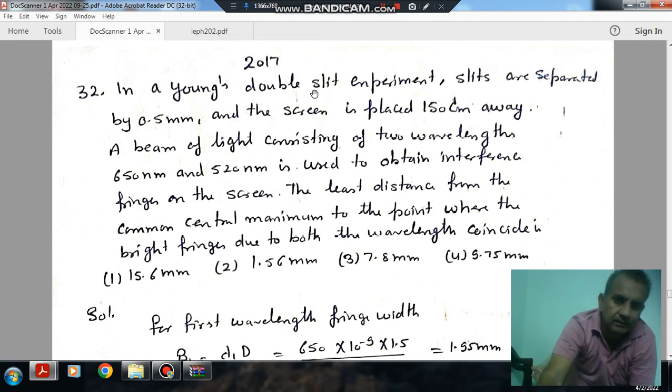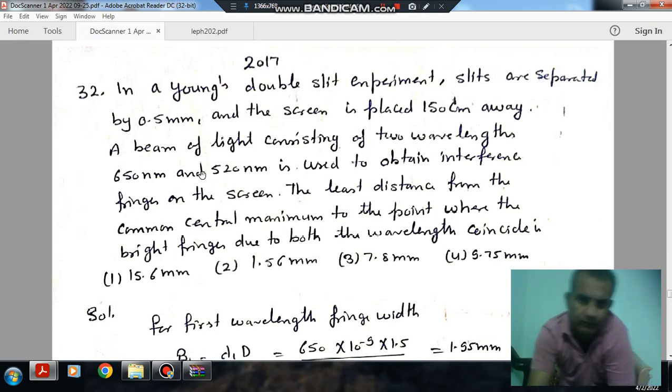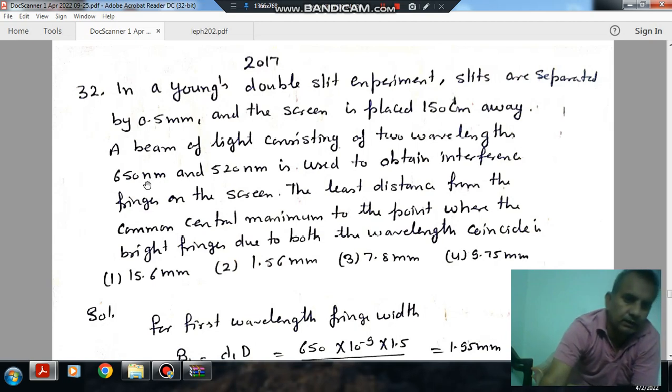Next, in a Young's double slit experiment, slits are separated by 0.5 mm, and the screen is placed 150 centimeter away. A beam of light consisting of two wavelengths, 650 nanometer and 520 nanometer, is used to obtain interference fringes on the screen.